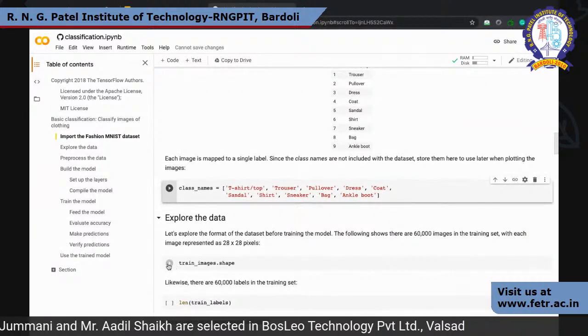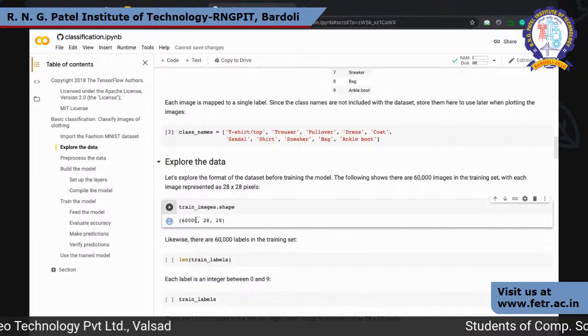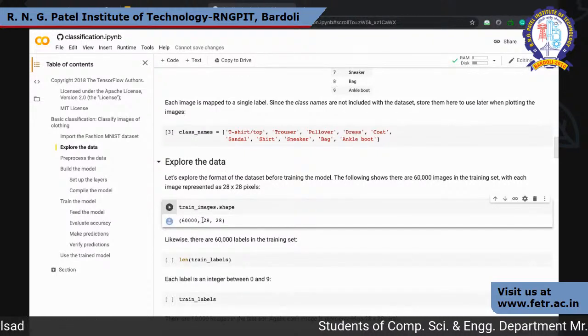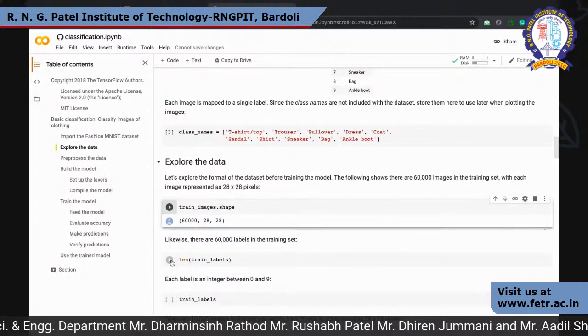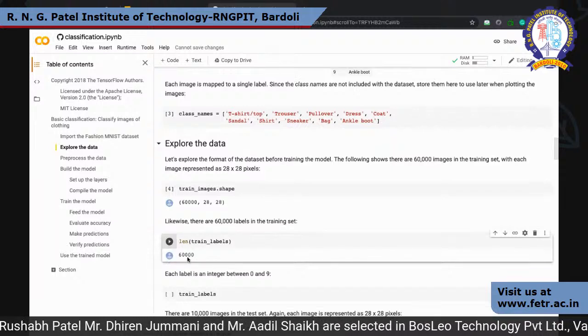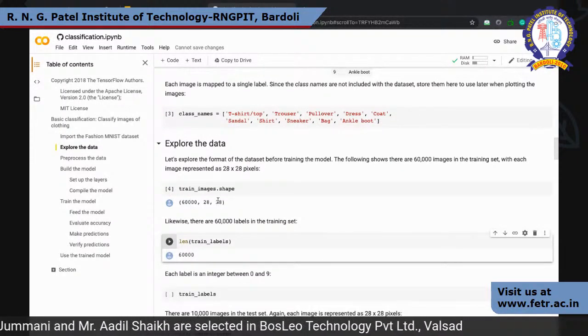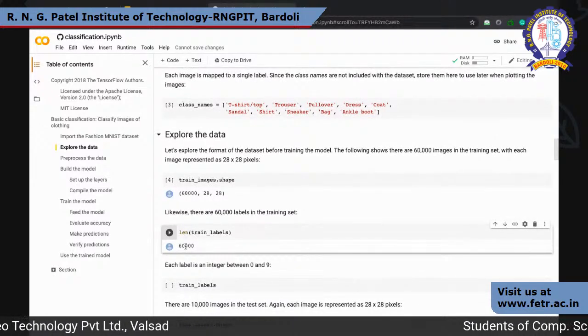Okay, let's first explore the data. What kind of data is there? There are 60,000 images of 28 by 28, so the shape of the training images is 60,000, 28 by 28. The length of the training labels is 60,000 as well, so we have 60,000 images in the training part and the same 60,000 labels.